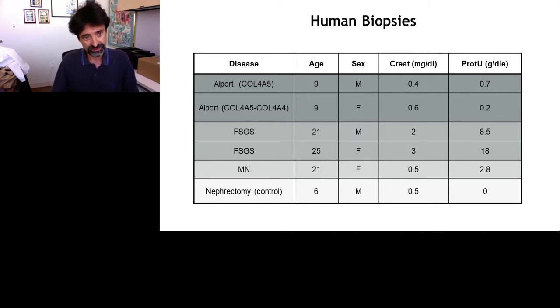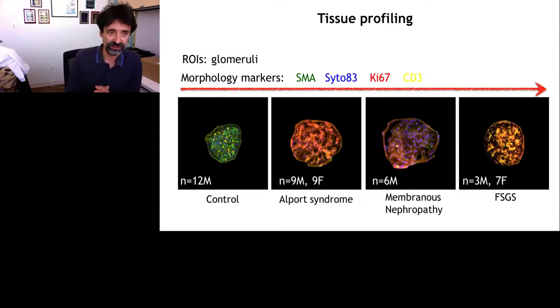So the renal function that is measured by serum creatinine was a little bit variable across the different conditions. But as you can see, almost in all these conditions, there were some degree up to a severe level of proteinuria. So we took the biopsies of these patients, and then we defined the regions of interest, or ROIs, that in our case were the glomeruli.